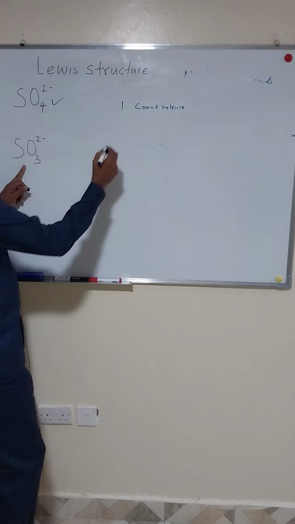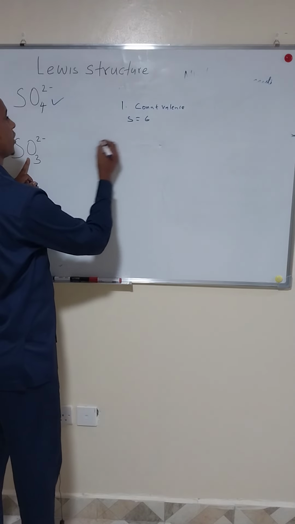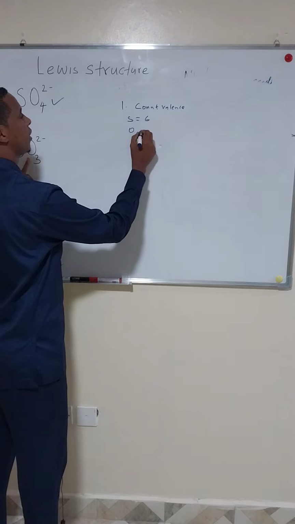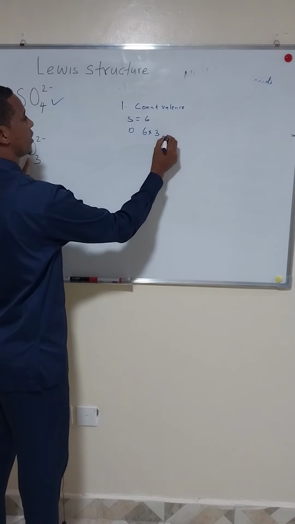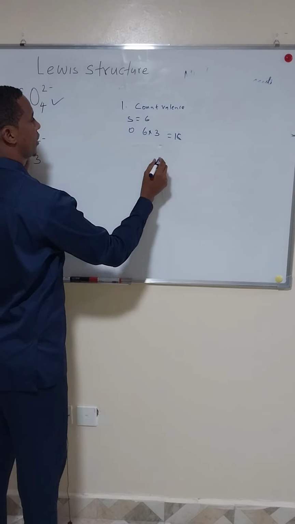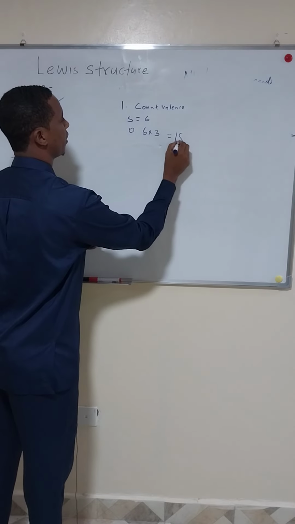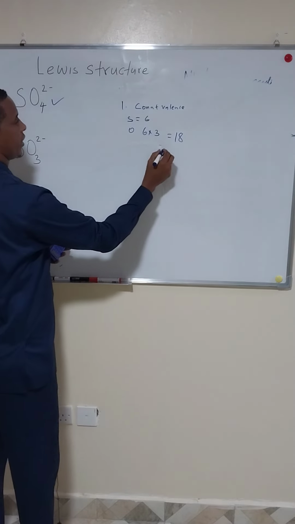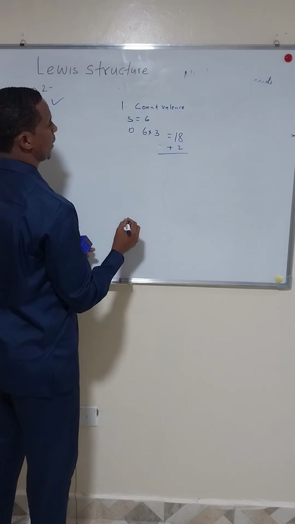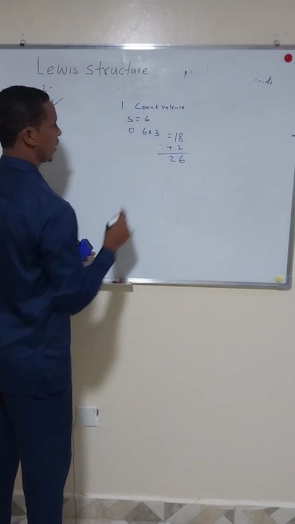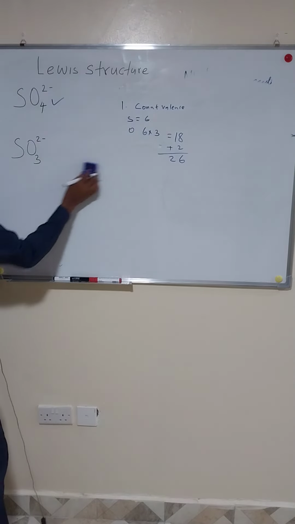So sulfur is 6. Oxygen is 6 times 3 oxygen, that is 18. And you add that charge, that is 2. So that will have now a total of 26 electrons.